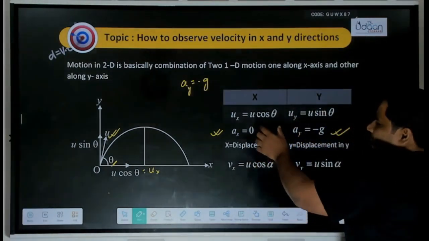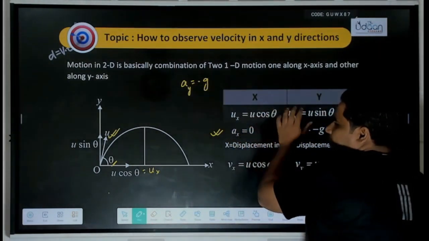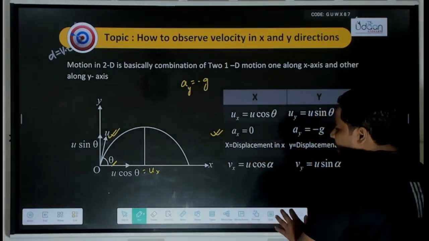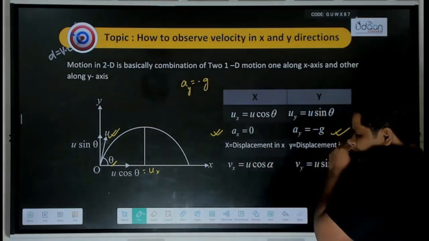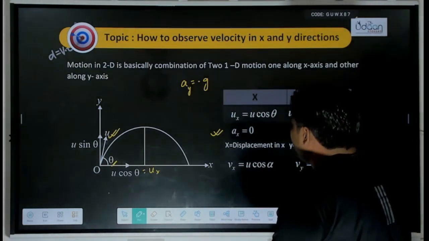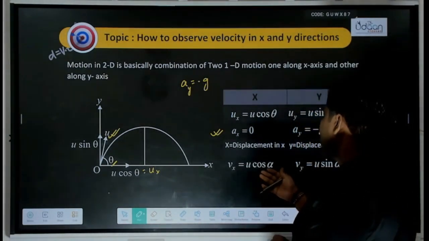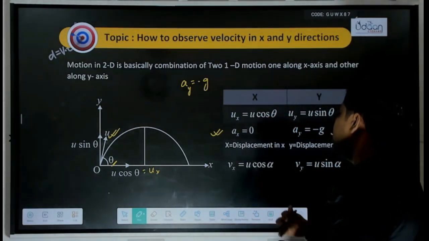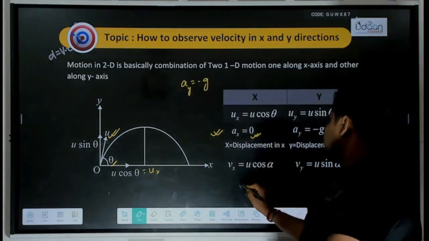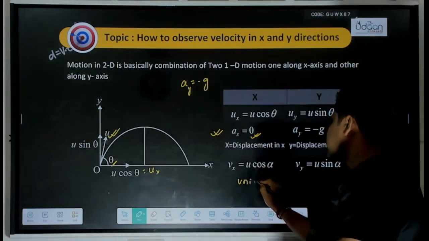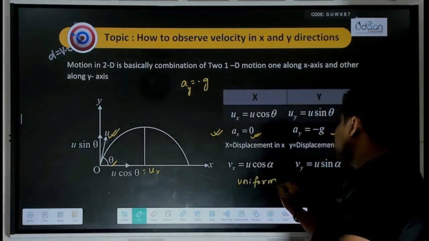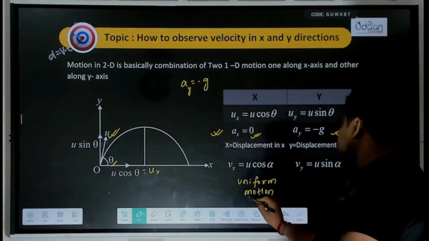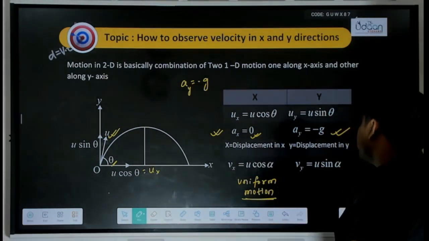So I am writing here that ux is u cos theta, ax is equal to 0, x is the displacement in x, and vx is equal to u cos alpha. Why u cos alpha? I will tell you, but this u cos alpha and u cos theta will remain the same. Why? Because ax is equal to 0, so the motion is uniform motion in that case. I am just discussing right now the ground to ground projectile motion.